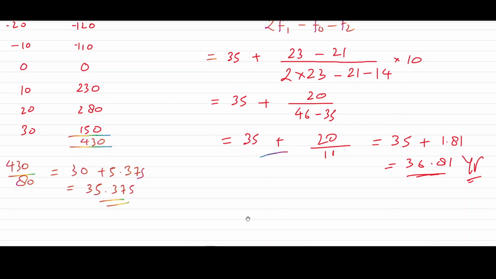Clear? Because mode always gives the maximum frequency, the maximum occurring of any data. This type of information is taken by mode. Now we should move on to the next question.